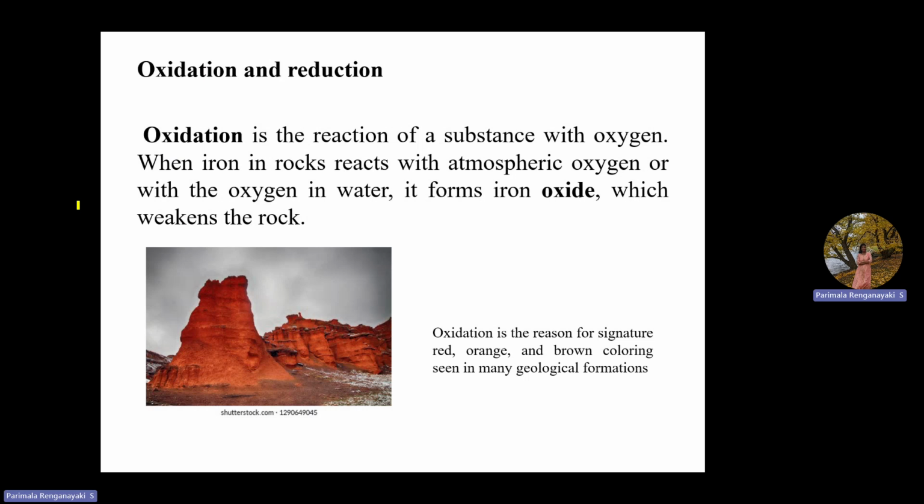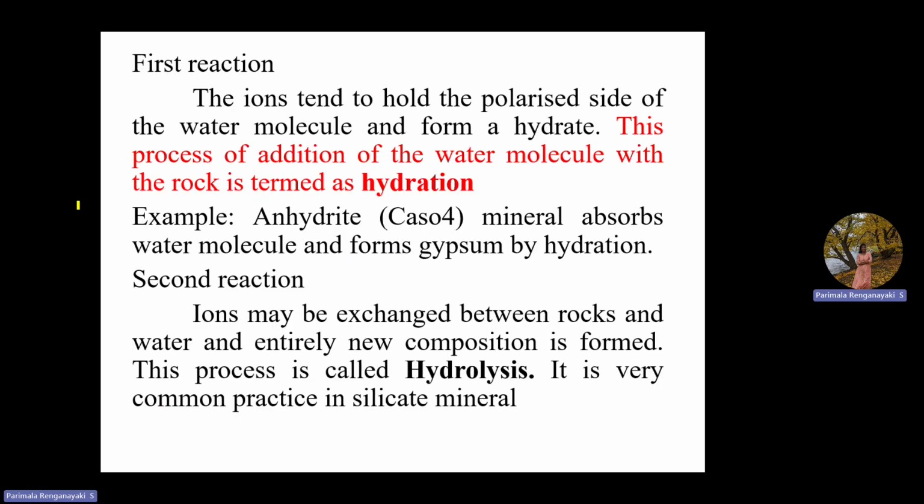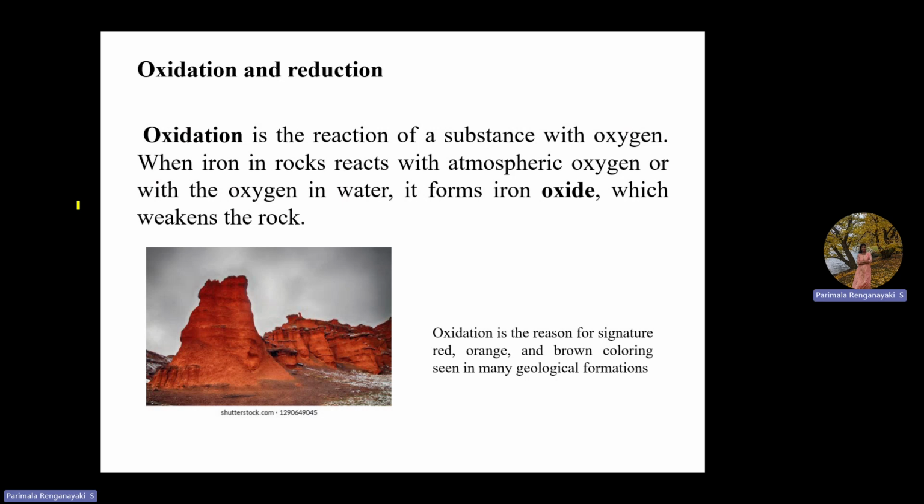Now let us see. So here in the first, hydration, there is no chemical change. Whereas here, a completely new composition is formed due to the ion exchange. So whenever this kind of ion exchange is happening, the rock is losing its original strength.